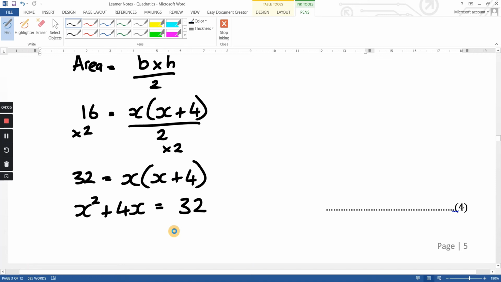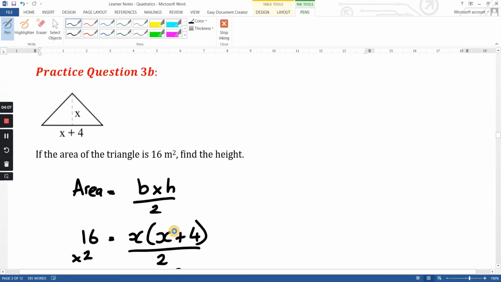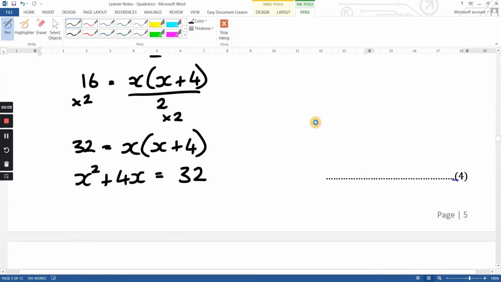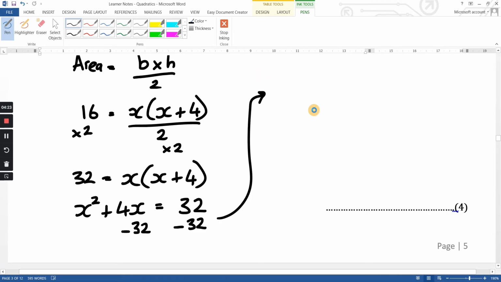And now let's take away 32 from both sides. So I'll get x squared plus 4x minus 32 equal to 0.